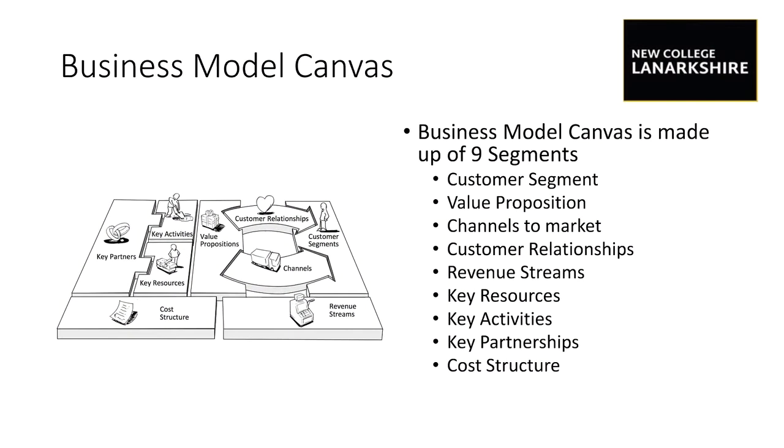The business model canvas is split into nine segments. The segments are customer segment, value proposition, channels to market, customer relationships, revenue streams, key resources, key activities, key partnerships and cost structure.